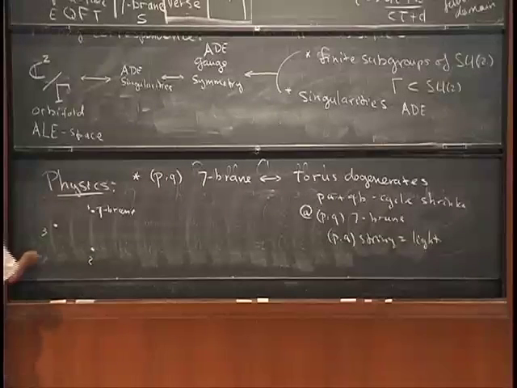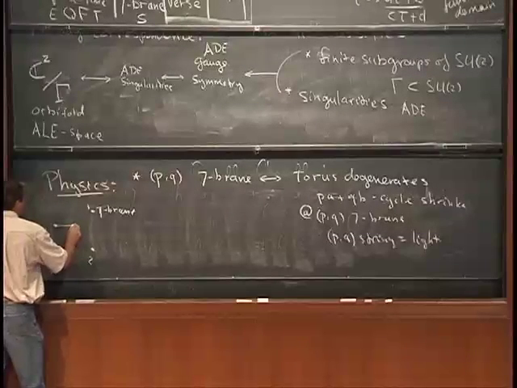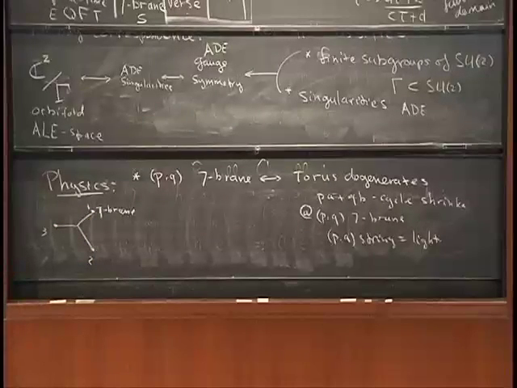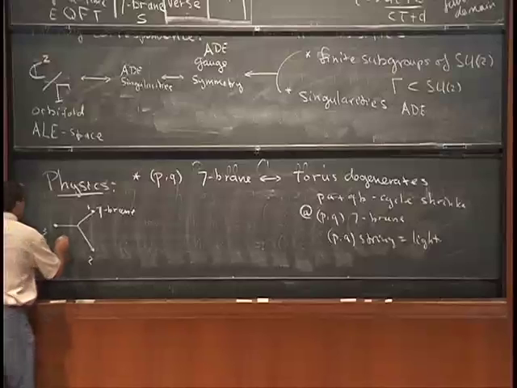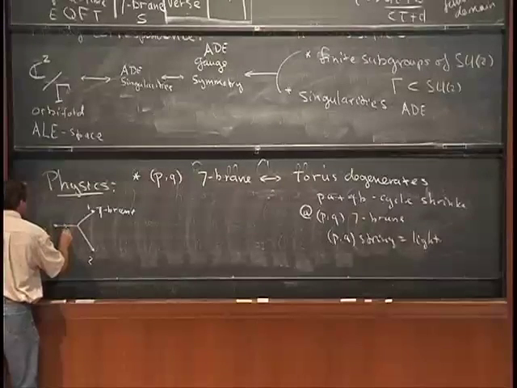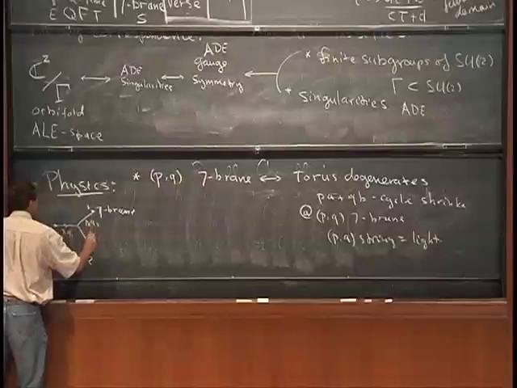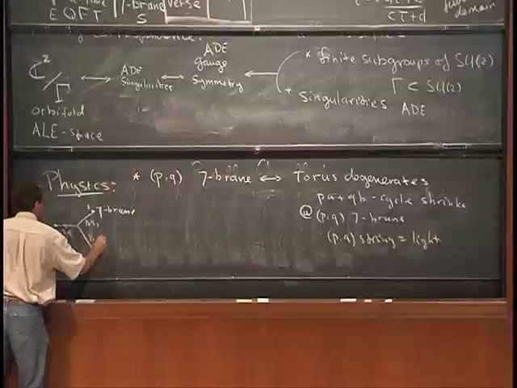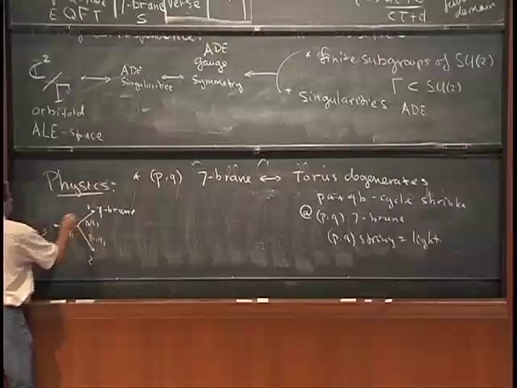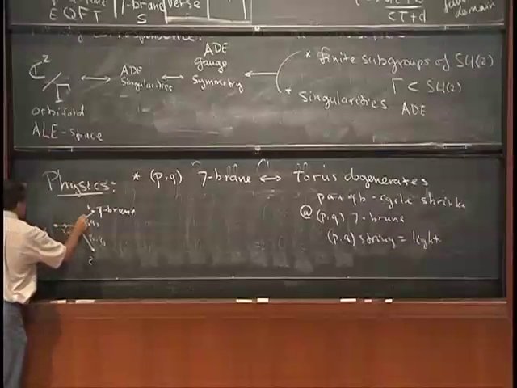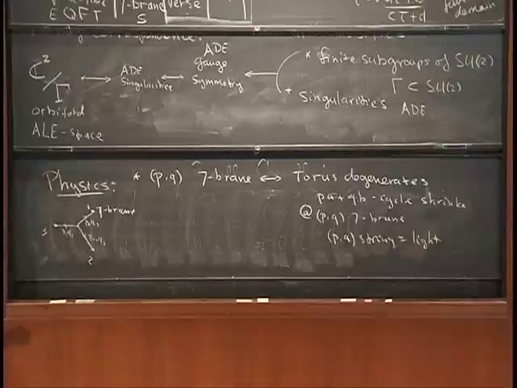It turns out that if you take 3 branes for which the sum of the P's and the Q's adds up to 0, then you can join the corresponding strings, P1, Q1, P2, Q2, P3, Q3, assuming that I give them an orientation like that.